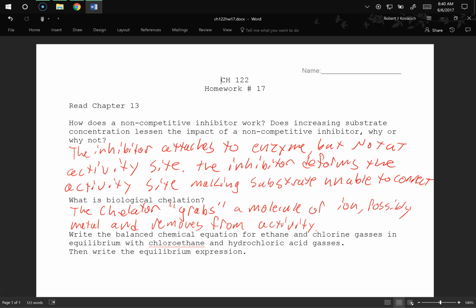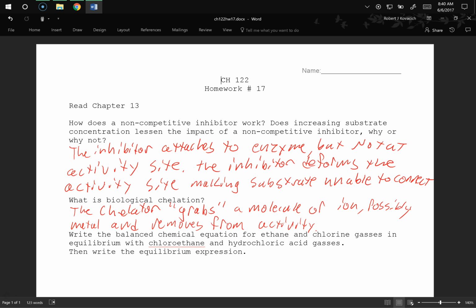And then the body either disposes of that through the kidneys or you poop it out, one of the two. But actually, it's just going to be a kidney thing. I guess it could be something that's in the intestines, but probably not.